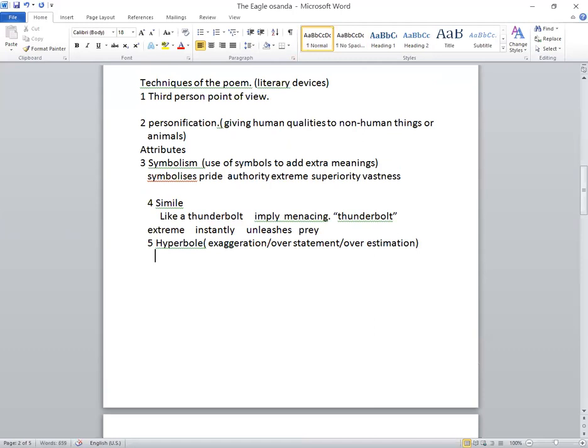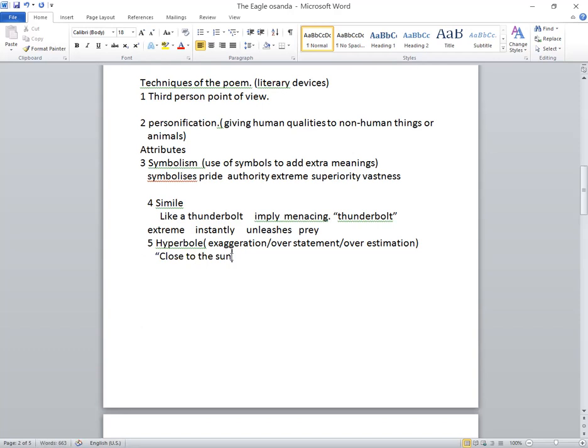there is one clear hyperbole, not even hinted: 'close to the sun'. Right?